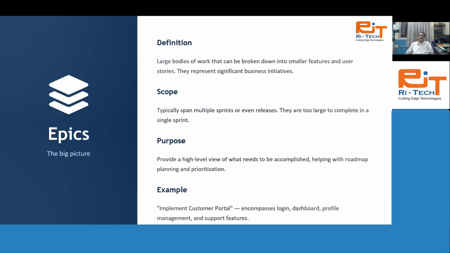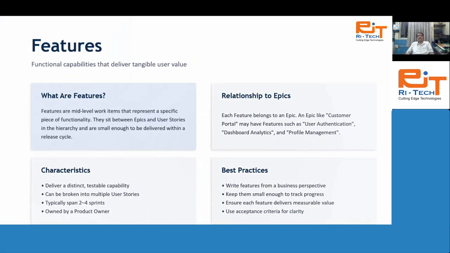The purpose is to provide a high-level view of what needs to be accomplished, helping with roadmap planning and prioritization. For example, a customer portal, which contains login, dashboard, profile management, and support page. So an epic is the larger item from your application.